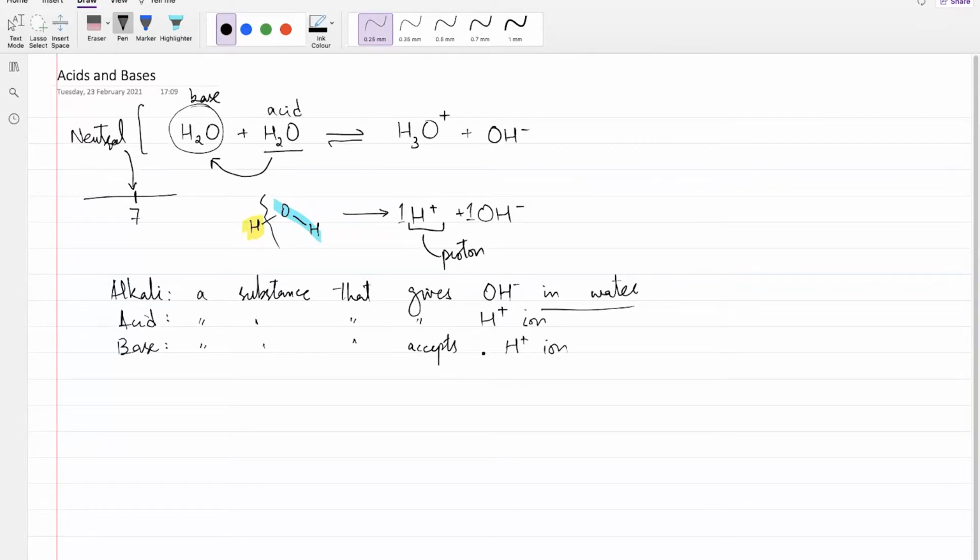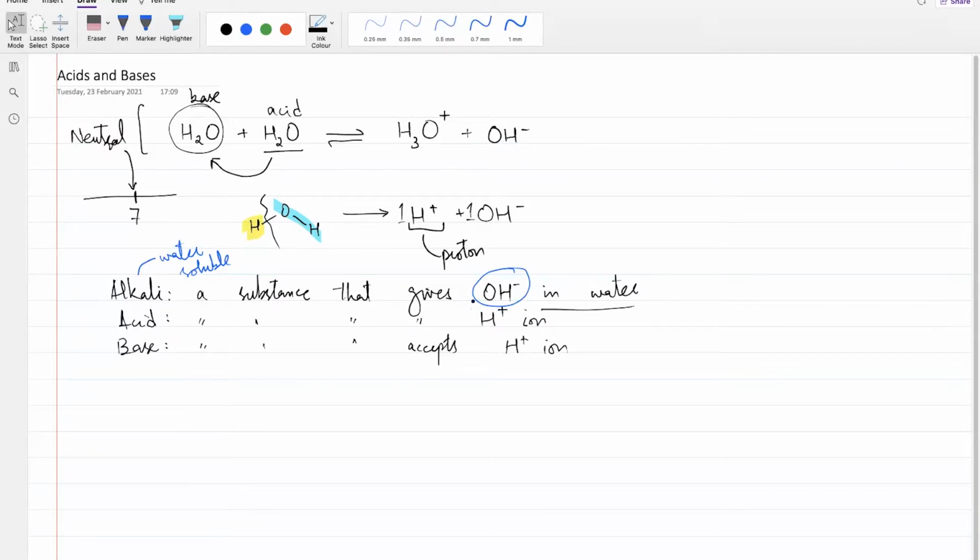And if something does that in water, takes the OH negative ion, gives that, it is alkali. What that means is that all alkalis are going to be water soluble. And usually they have this hydroxide thing in them. Okay? And you can easily count which alkalis are there.